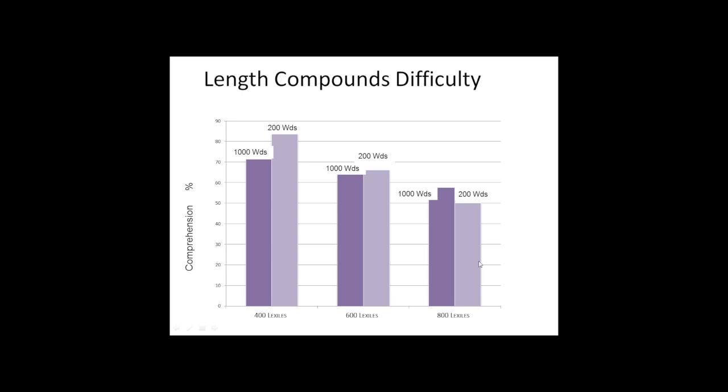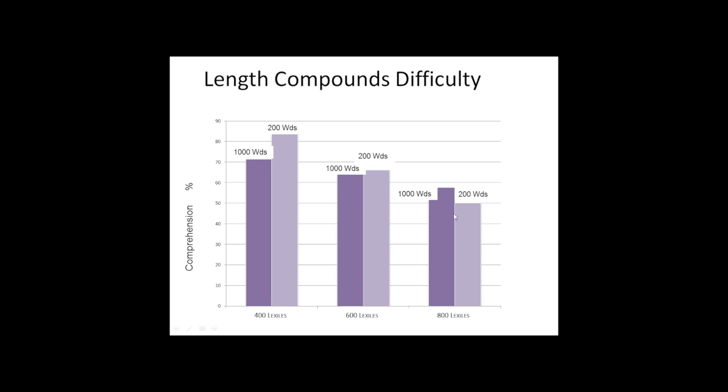Essentially what we found is that, look at this, a 1,000 word, 400 lexile passage is a second grade passage. It's not a difficult passage. And these were third grade kids. Kids did not do as well on the longer version of even an easy passage as they did on the shorter version. That was true of 600 lexiles.